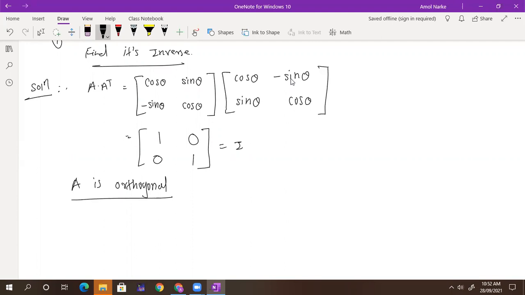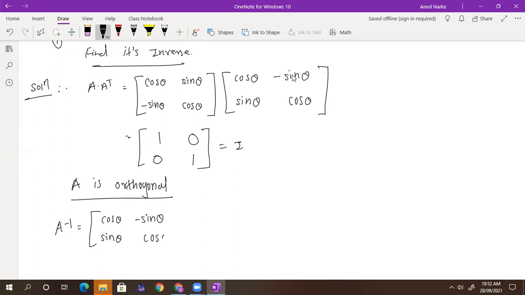Okay. Then what is A inverse now? What is A inverse of that particular matrix? A inverse is A transpose only. So you can find out its transpose. You know already its transpose is cos theta, minus sin theta, again here sin theta and cos theta.